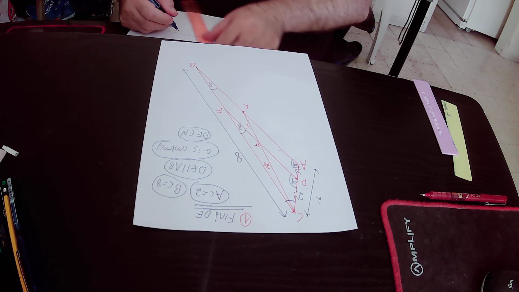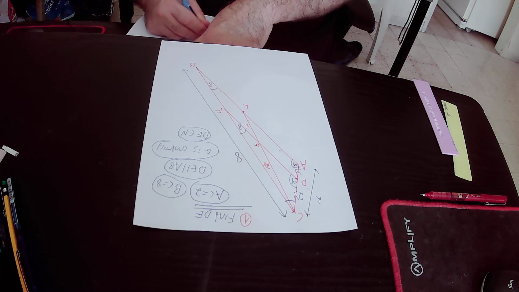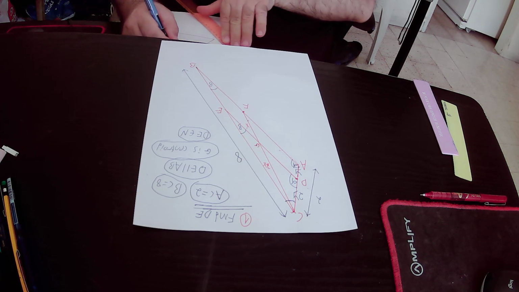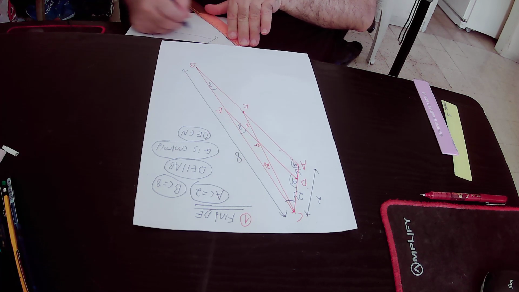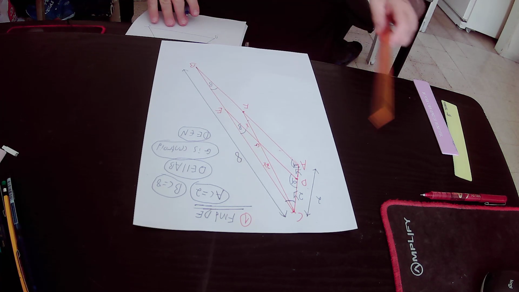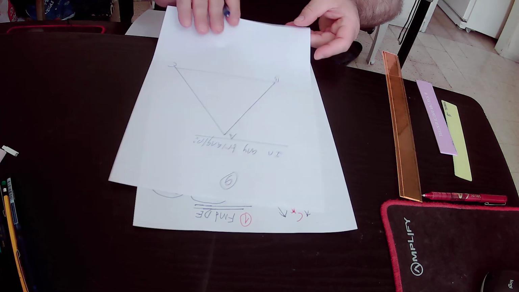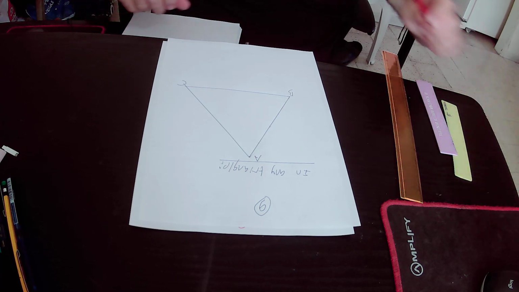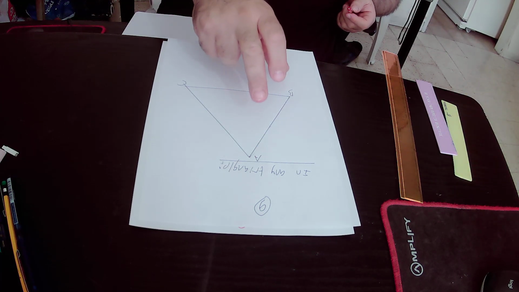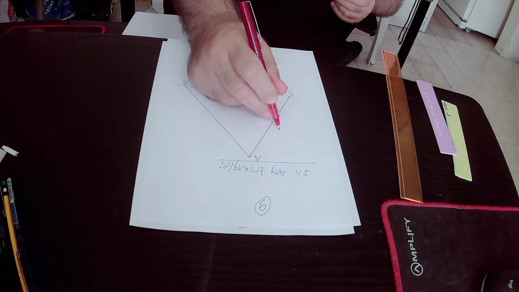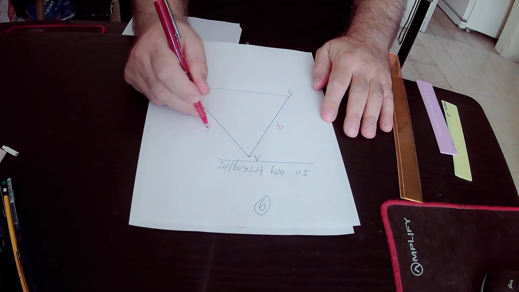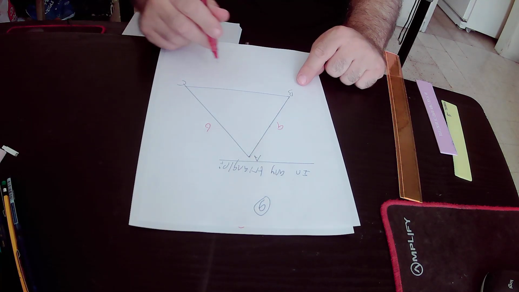If we have triangle ABC, that can be any triangle, and we know that the size of side AB is A units, the size of side AC is B units, and the size of side BC of triangle ABC is C units.